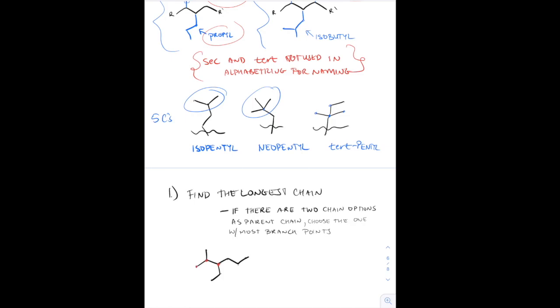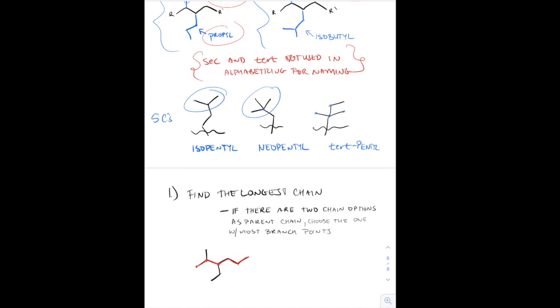We've got 1, 2, 3, 4, 5, 6. Okay, that is 6 carbons, and let's see if we can find another one that might be longer. We've got 1, 2, 3, 4.